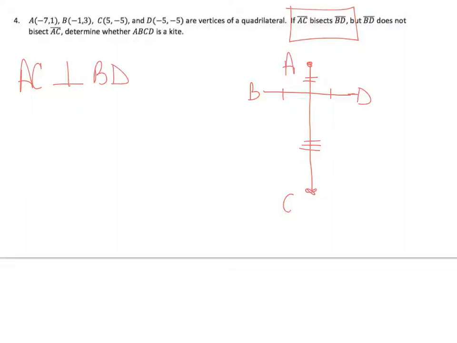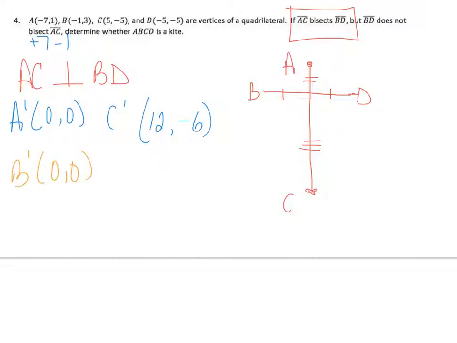Okay. All right, I'm going to translate this so that angle A is on the origin. So I am adding 7 and subtracting 1. So C prime is going to be adding 7, subtracting 1. Then I'm also going to translate BD so that B is on the origin. And that's going to be a +1 and a -3.